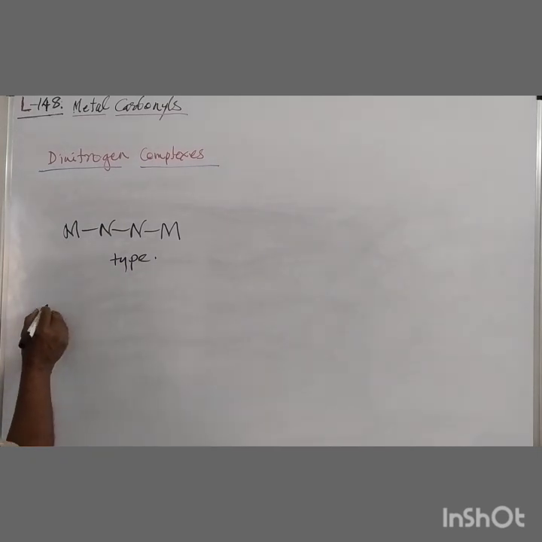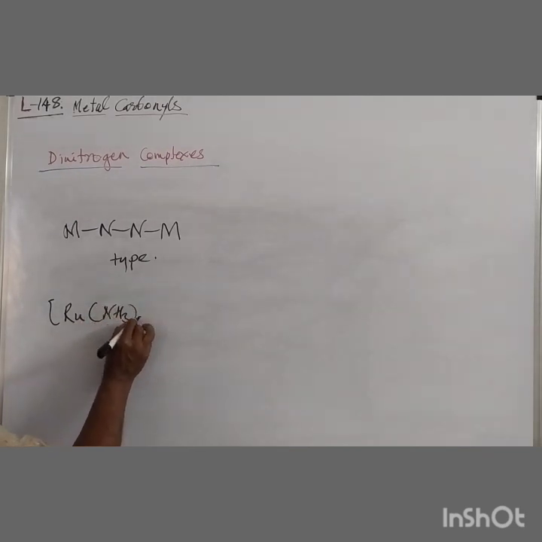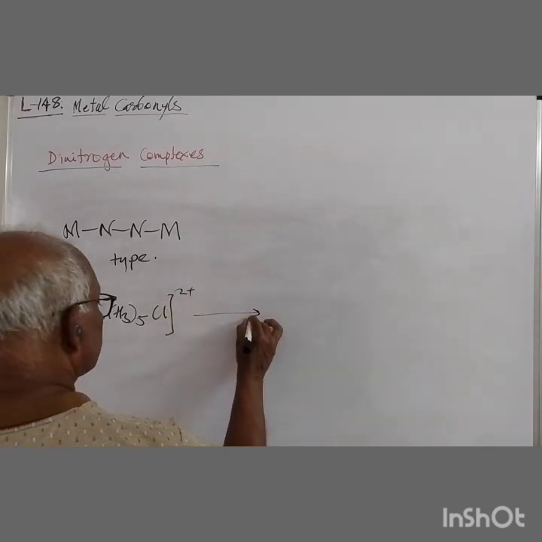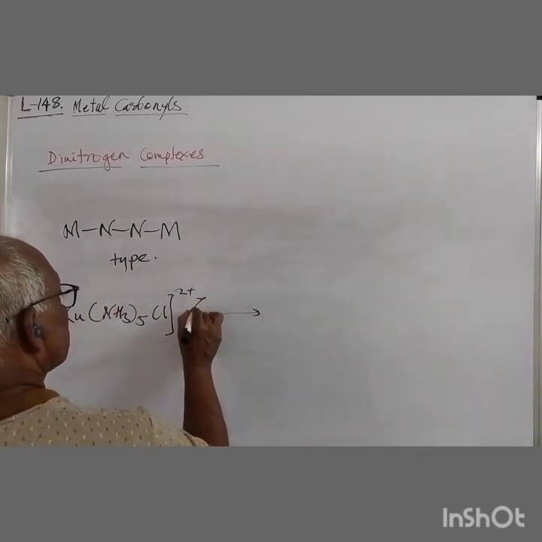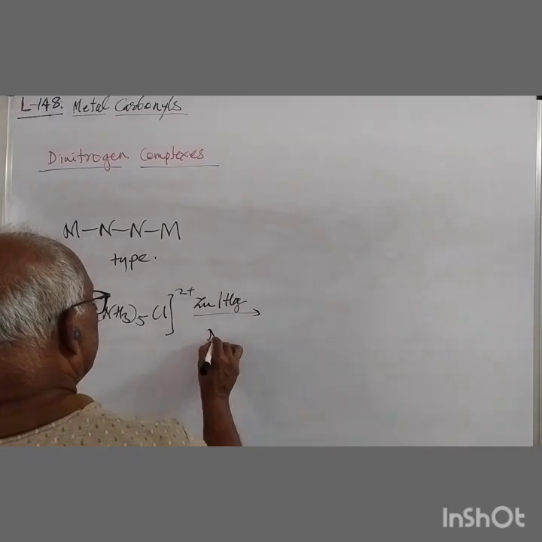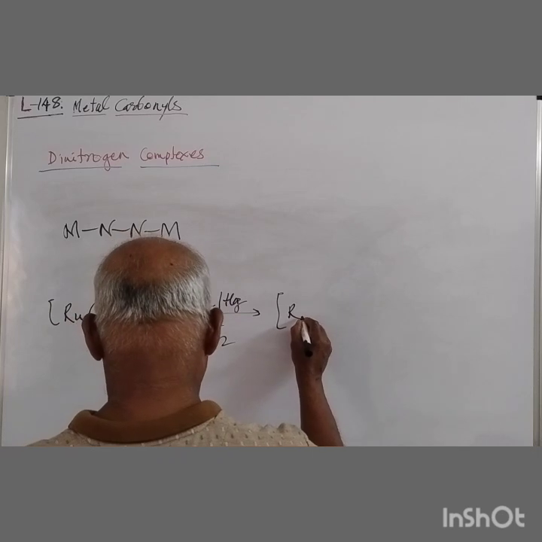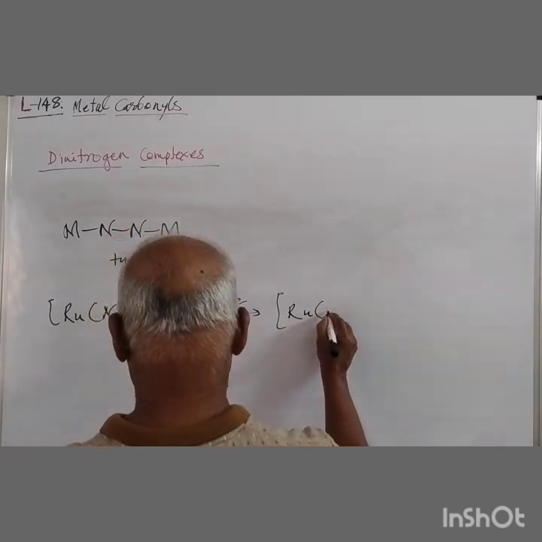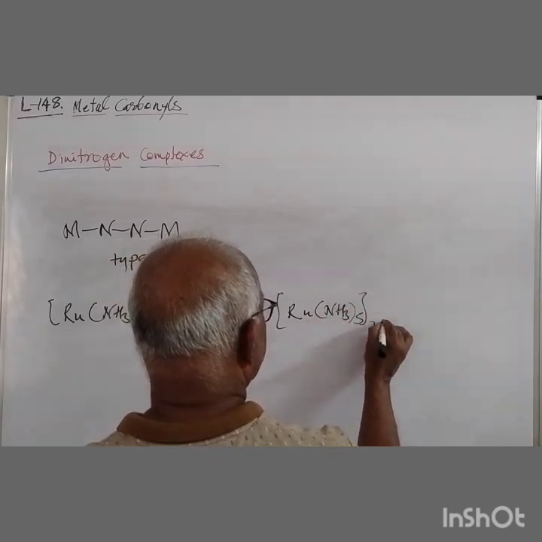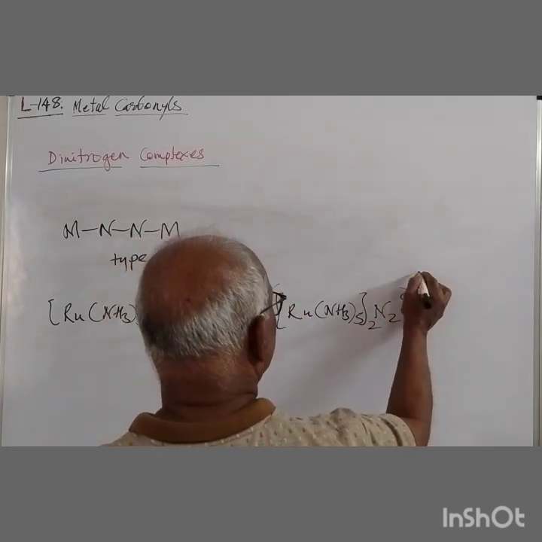We can consider the reaction like this: Ru(NH3)5Cl2+, after reduction using zinc amalgam (Zn-Hg) and nitrogen, gives [(NH3)5Ru-N2-Ru(NH3)5]4+.